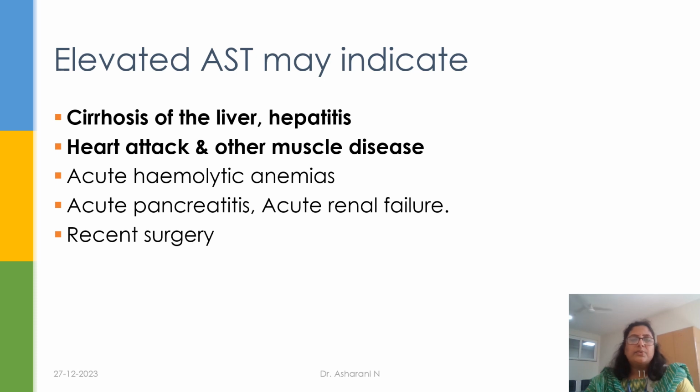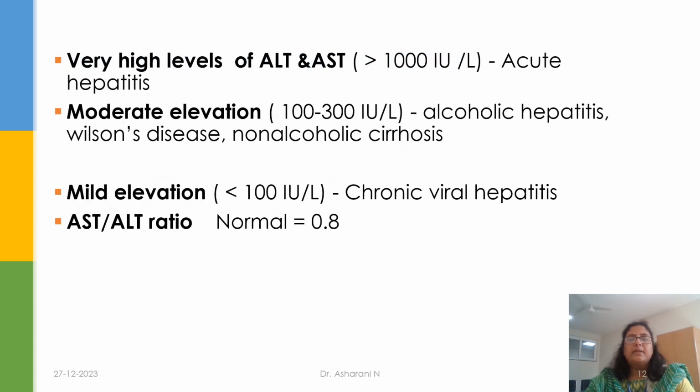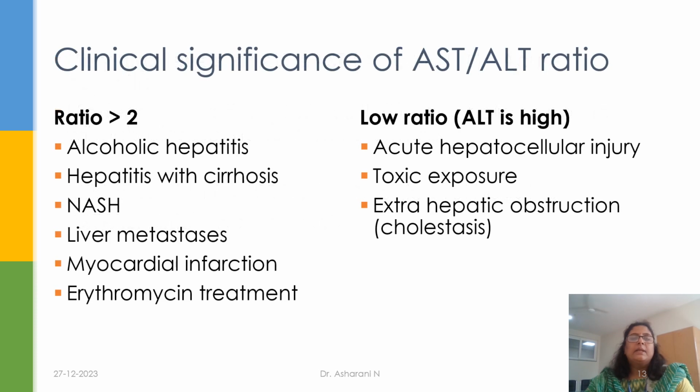Instead of measuring these two as separate entities, it is important to go with the ratio of AST to ALT. The normal ratio of AST to ALT is 0.8. The clinical significance of the AST to ALT ratio, otherwise called the de Ritis ratio: if the ratio is more than 2, it indicates alcoholic hepatitis, hepatitis with cirrhosis, non-alcoholic steatohepatitis, liver metastasis, myocardial infarction, and some drugs like erythromycin treatment.